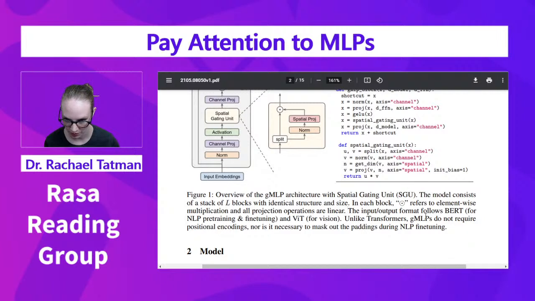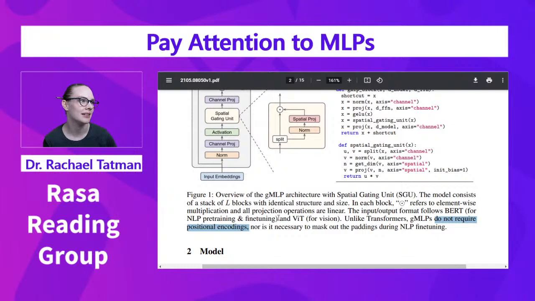The input-output format follows BERT for NLP pre-training and fine-tuning, and I don't know what that is, and vision models for vision. Unlike transformers, gMLPs do not require positional encodings, nor is it necessary to mask out the paddings during NLP fine-tuning. Attention is position independent, which is why it works the way it does.